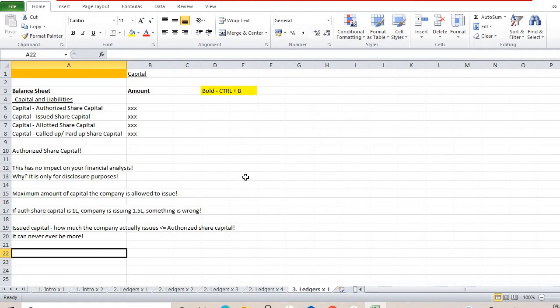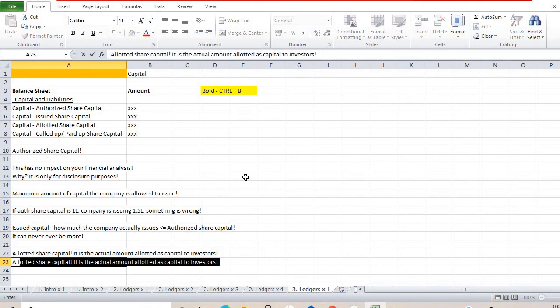And under that you have something called allotted share capital. That means it is the actual amount allotted as capital to investors. So your allotted share capital again will be less than or equal to issued share capital.